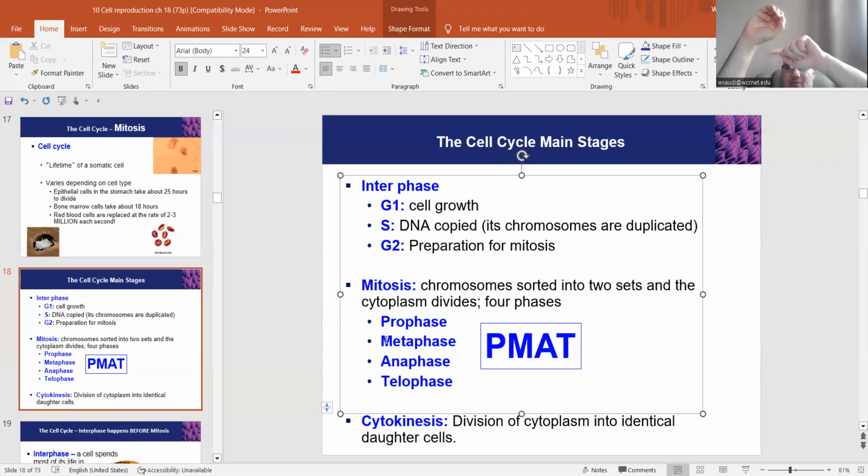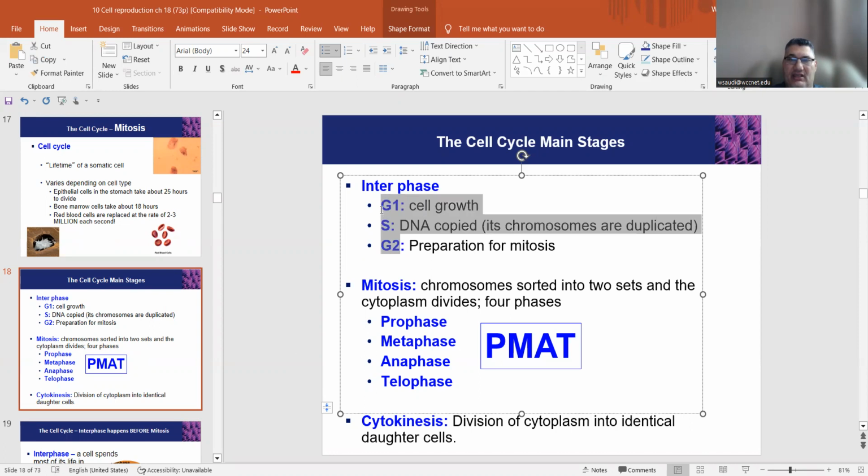And after you do it, you go back to interphase, and so on. So it's between one mitosis and the next mitosis. Mitosis, cytokinesis, and then interphase, in between each two successive mitosis and cytokinesis. And that's why we call it interphase.